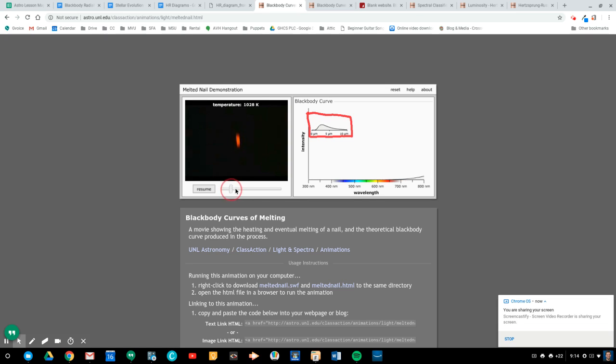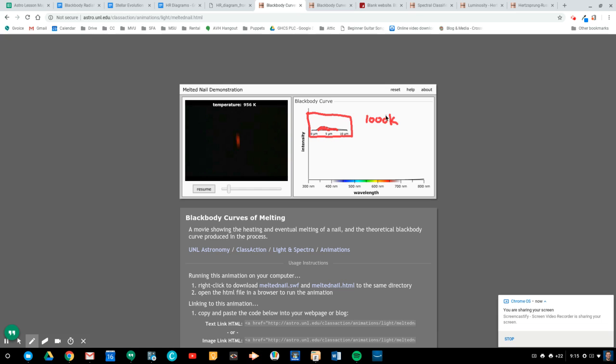So when we have a cooler star, a low temperature star, you see this luminosity. If I were to say the luminosity is the area under this curve, I could color it in, though it'd get messy fast. But here's the total area under the curve when we have about 1,000 Kelvin.